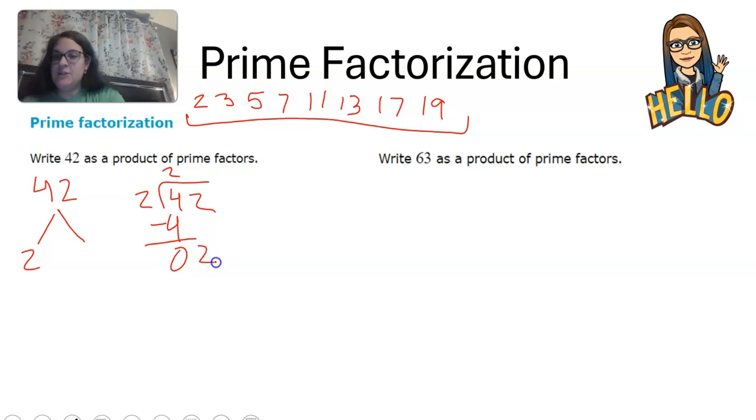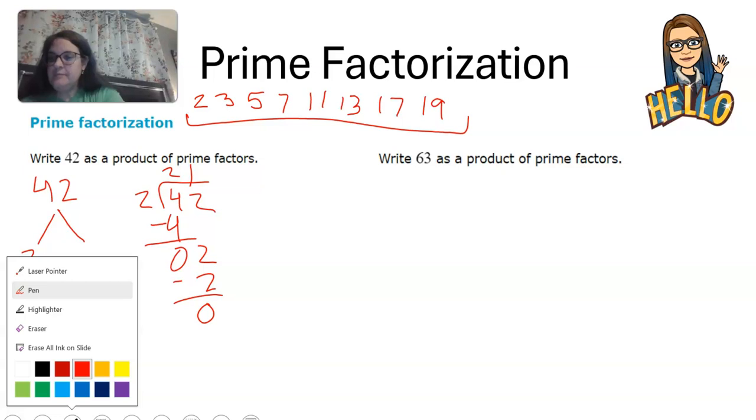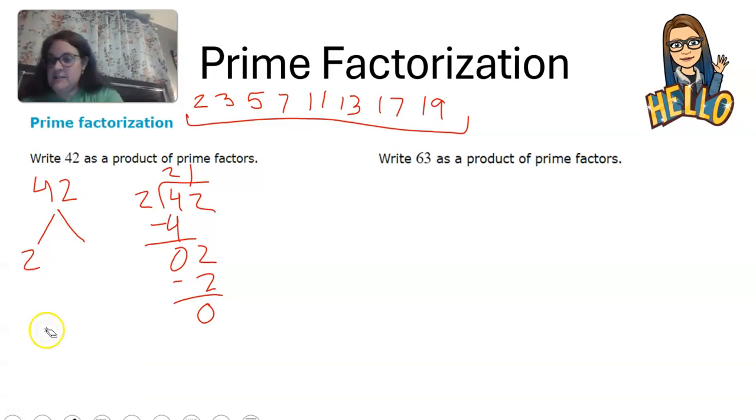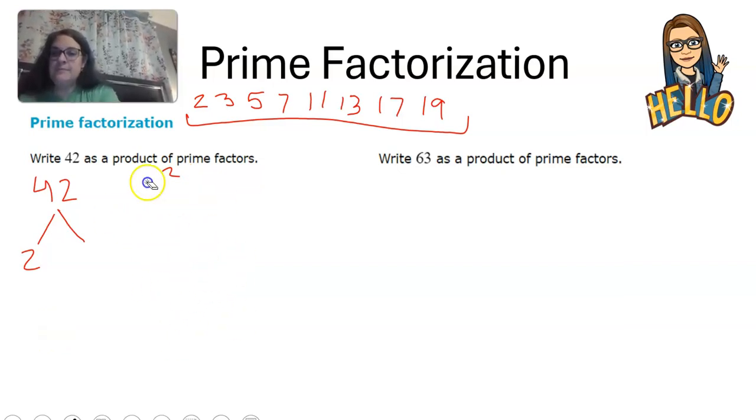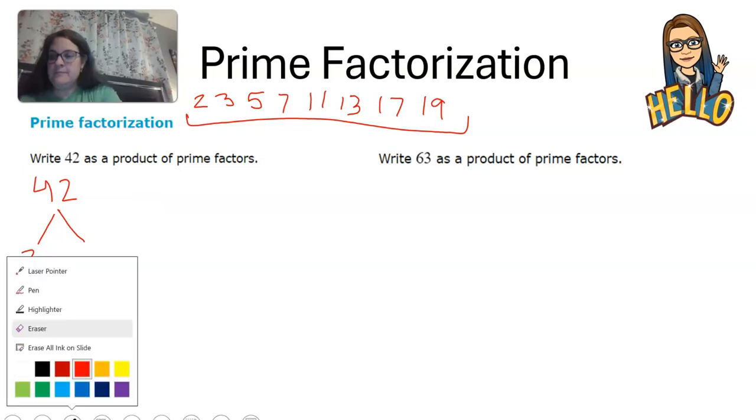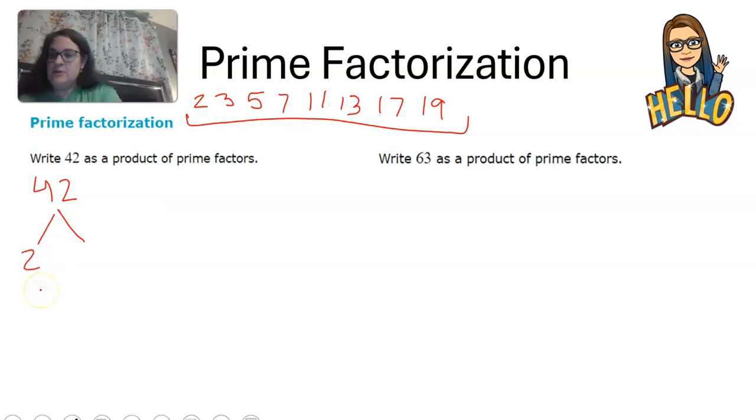Bring down this 2 here. And 2 will go into 2 one time. 1 times 2 is 2, remainder of 0. So 2 times 21 is 42.